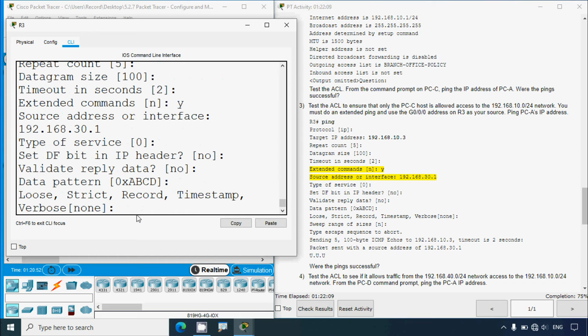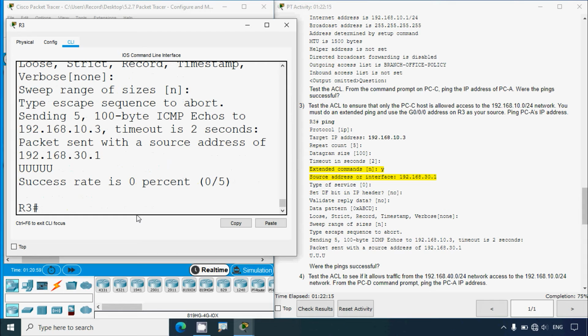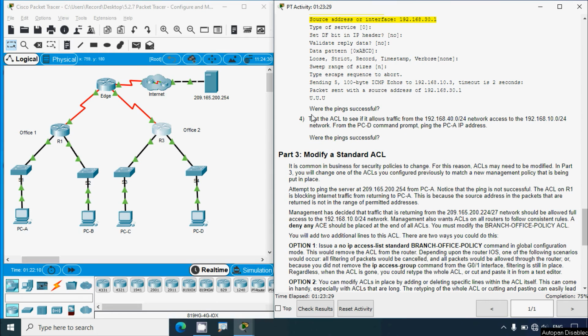Okay, enter. And we can see success rate is 0% because we ping from this interface, 192.168.30.1, but this address is not allowed to access this network. Only PC-C is allowed to access this network. Were the pings successful? No, it did not succeed.